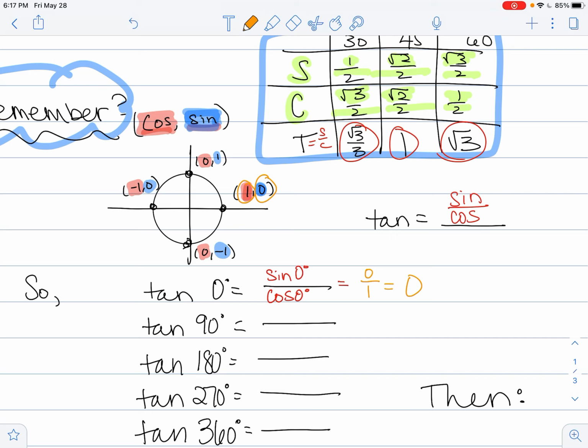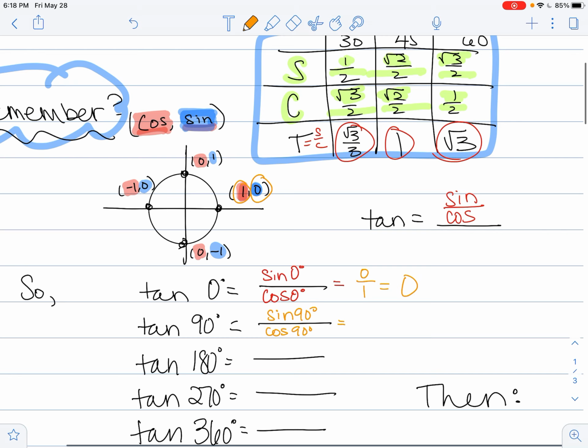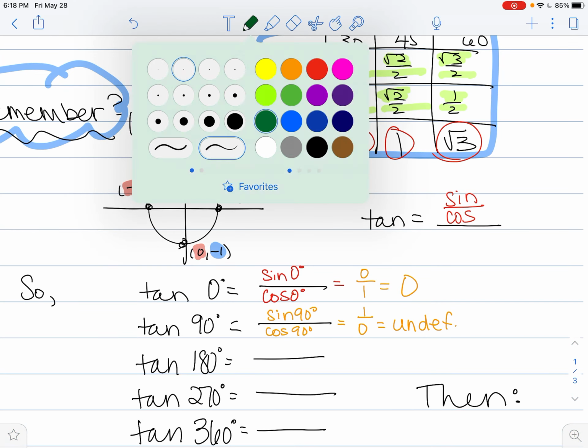Now, tangent of 90 is really the sine of 90 over the cosine of 90. The sine of 90 is 1, and the cosine of 90 is 0. Well, remember, we've got chaos, we've got markers flying, we've got black holes. This is an undefined value because we cannot divide by 0.